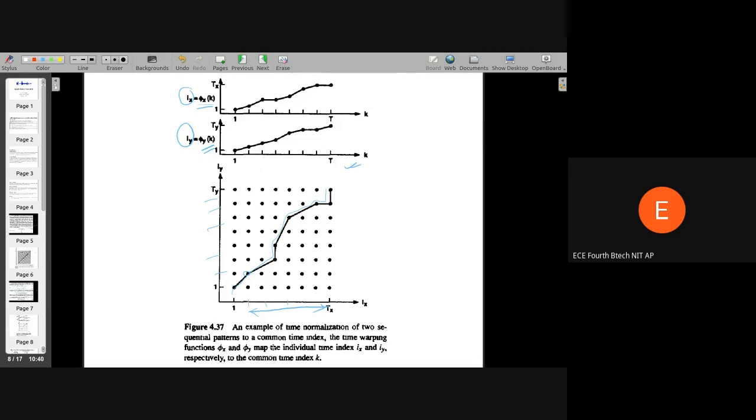Dynamic because we are matching dynamic sequences, two different sequences. So this is what DTW is all about. This is the mathematical goal of DTW, and the algorithm we have discussed in the last 3 lectures.